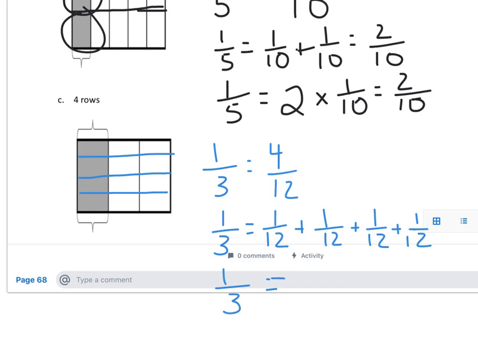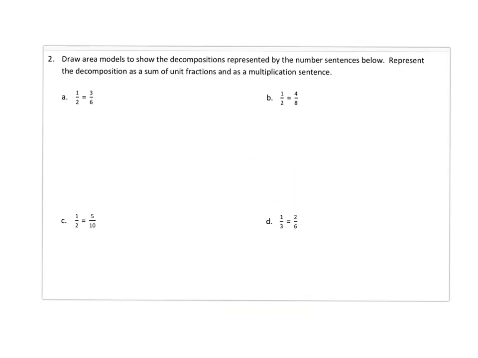So how many times did I write 1/12? I wrote it 1, 2, 3, 4 times. Remember, that's our repeated addition. 4 whole times 1/12. And of course, that still equals 4/12. If 1/3 is equivalent to 4/12, then these are all equivalent. Let's take a look at the next page.